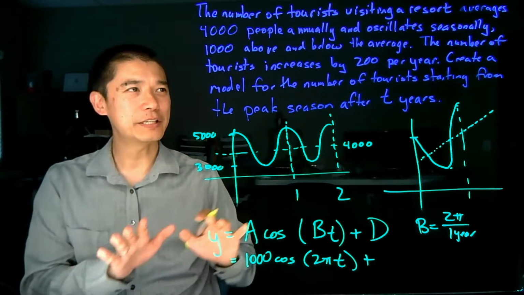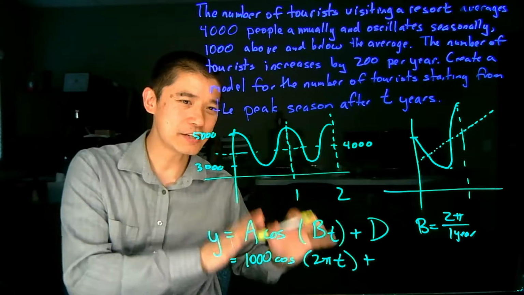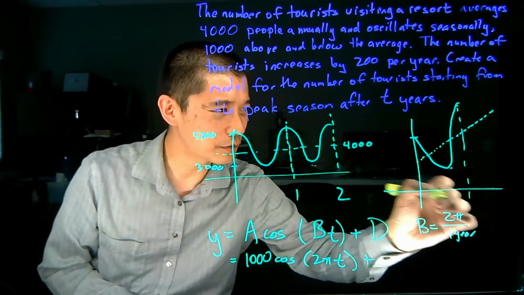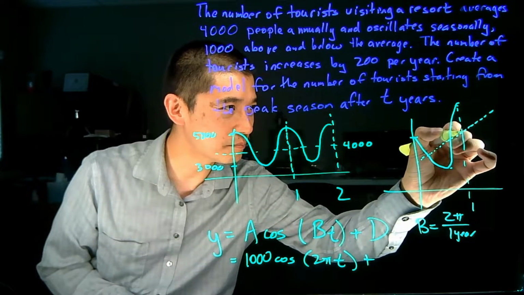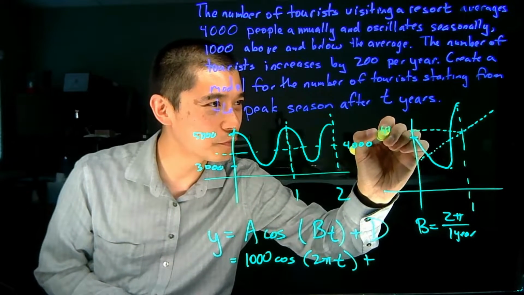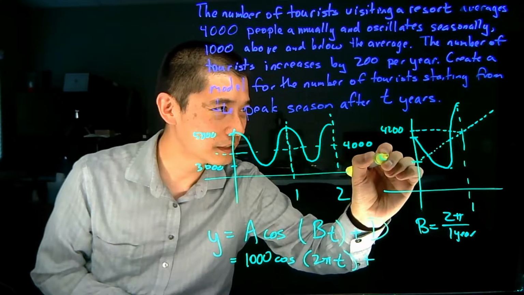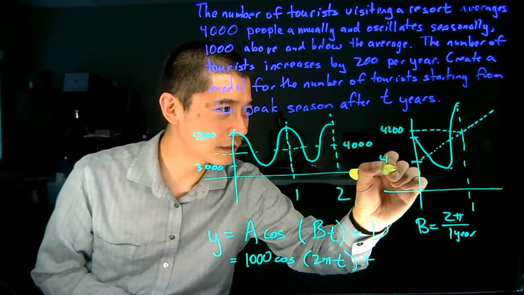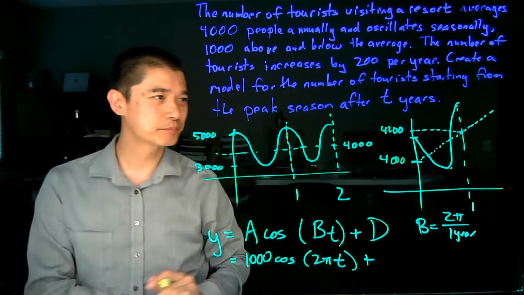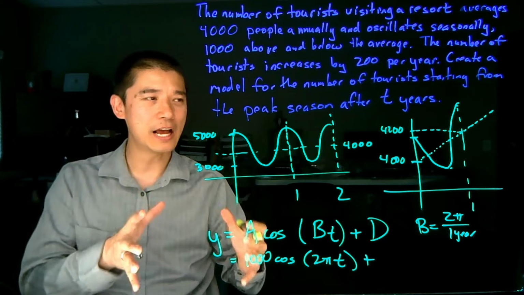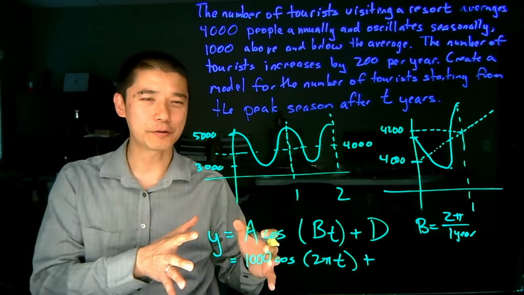And so now the tricky part is the d. 4,000 people annually at the beginning and increases by 200 per year. So at year 1, this midline right here is going to be 4,200, whereas it started off here at 4,000. Right? So how do we get an equation of a line that increases by 200 per year?